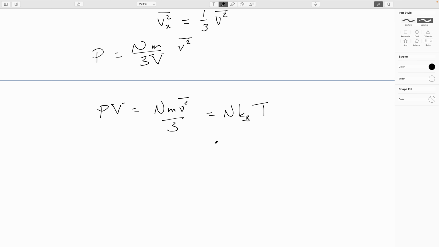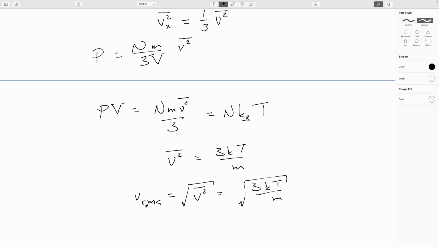That will let me rearrange, equating these two, to get the average value of v squared is 3kT over m. Now, if I take the square root of both sides, that is the square root of the mean of the square. So that's v RMS. So this is the square root of 3kT over the mass of the particle.